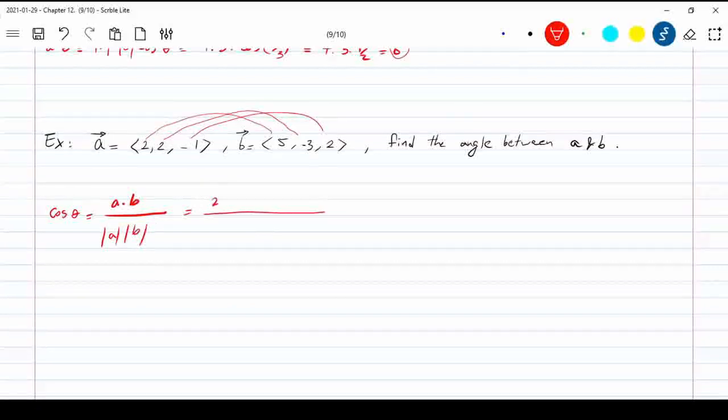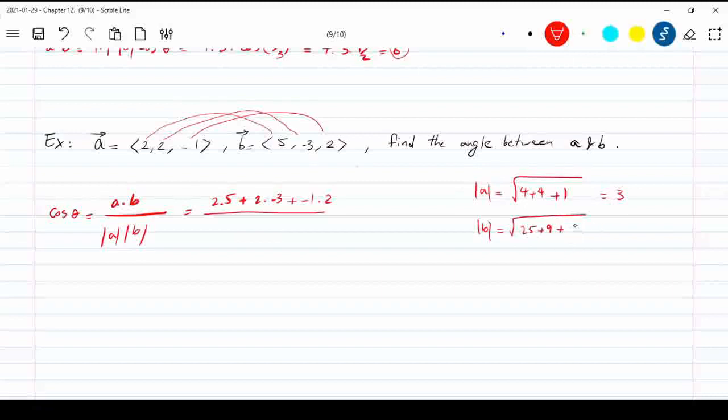So I'll say 2 times 5 plus 2 times -3 plus -1 times 2. And magnitude of A would be simply the square root of 4 plus 4 plus 1. I'm squaring each one of the components of A. That's simply 3. And magnitude of B would be the square root of 25 plus 9 plus 4.